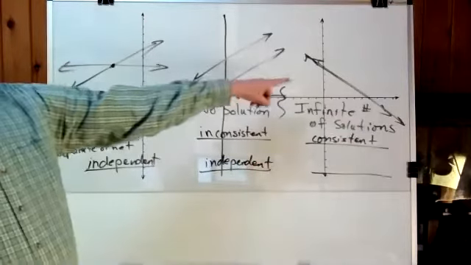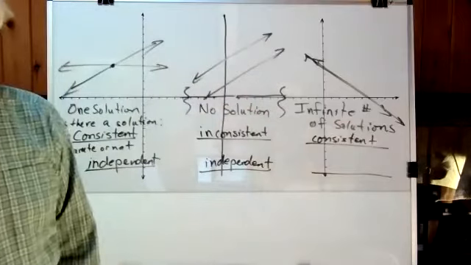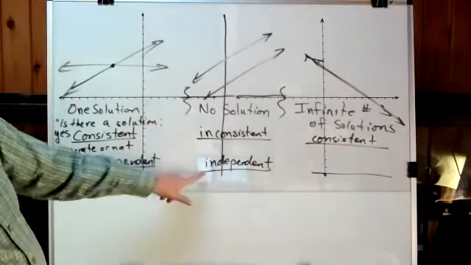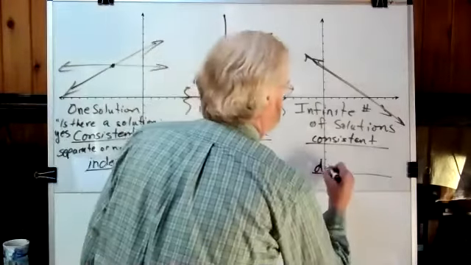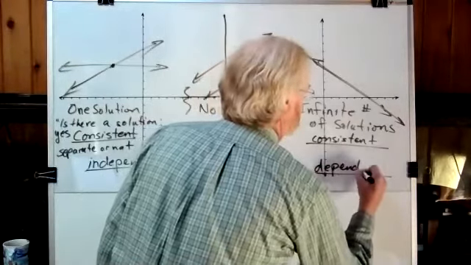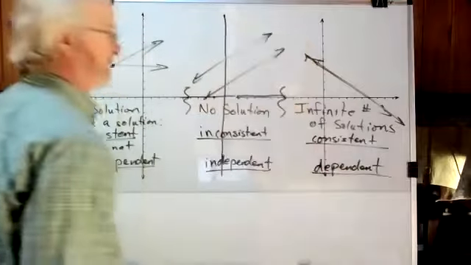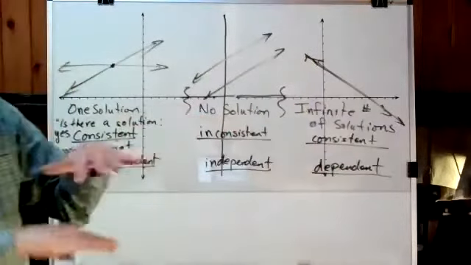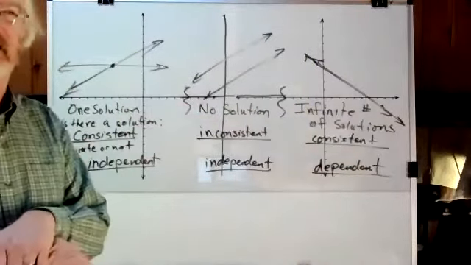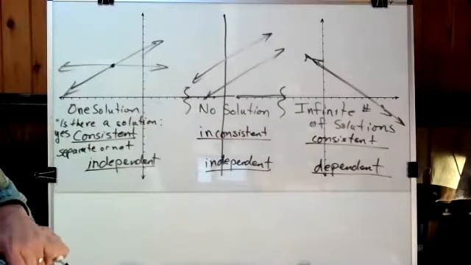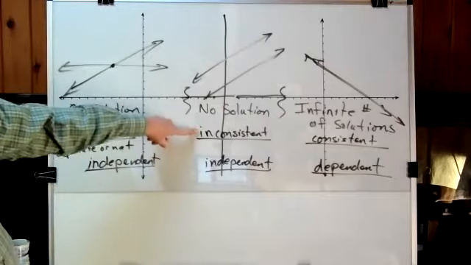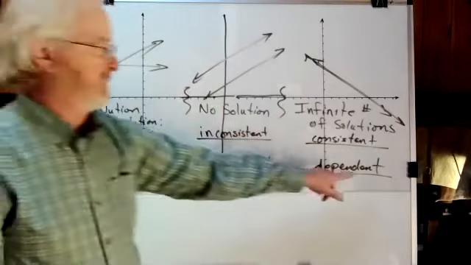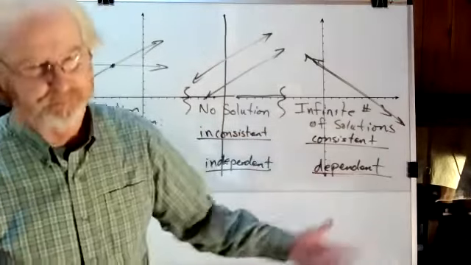Well, those two are not independent. They're not separate from each other. But sort of the opposite of independent is dependent. So two different ways of thinking about them. And unfortunately, what I was getting at is, the one that's different, the inconsistent, isn't the same as the one that's different, the dependent.